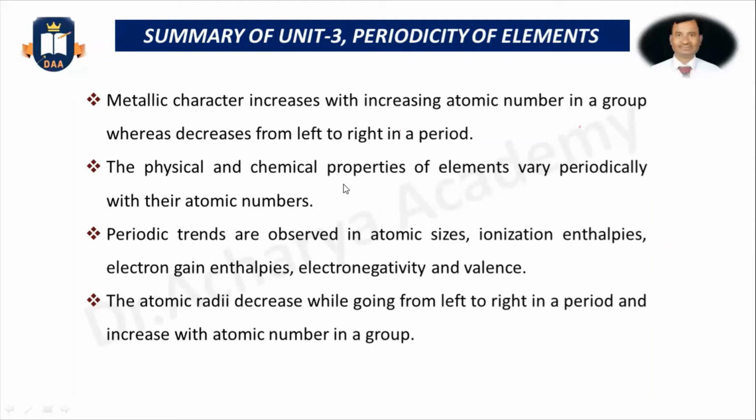The physical and chemical properties of elements vary periodically with their atomic numbers. Periodic trends: we discussed extensively in the previous class with respect to atomic size, that means atomic radius, ionic radius, ionization enthalpies, electron gain enthalpies, electronegativity, and valence or oxidation state.